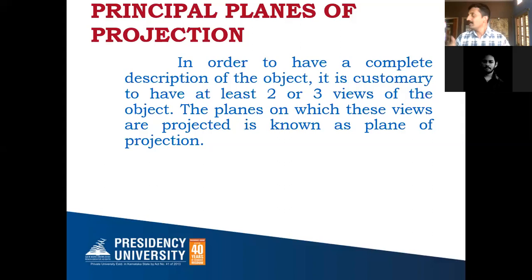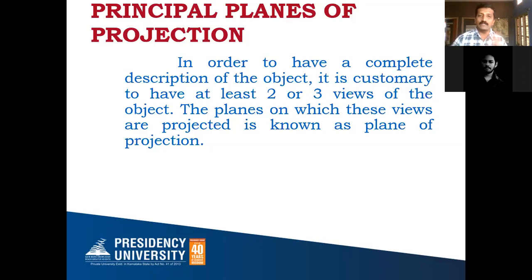For example, if I consider this room, wherever I'm standing, the floor is horizontal in direction. I can call this the horizontal plane. Correct? So this particular wall which is behind me is in the vertical direction. I can call this plane the vertical plane because it is in the vertical direction.